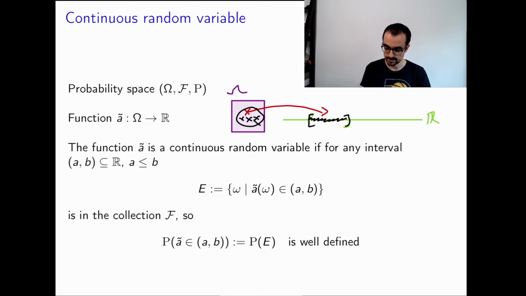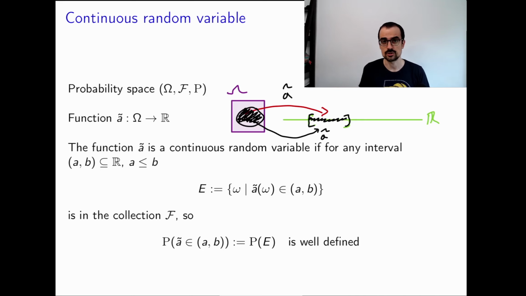Okay, all the points such that if we're calling the random variable A, such that A maps those points into the interval, if that probability is well defined for every possible interval, then we have a valid continuous random variable. If you want to be fancy, that's called a measurable function.